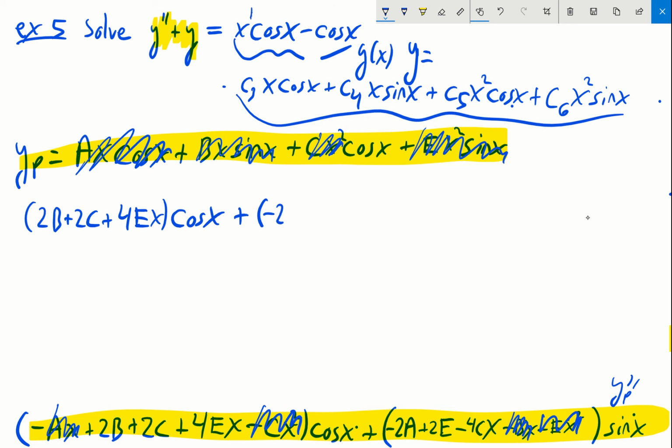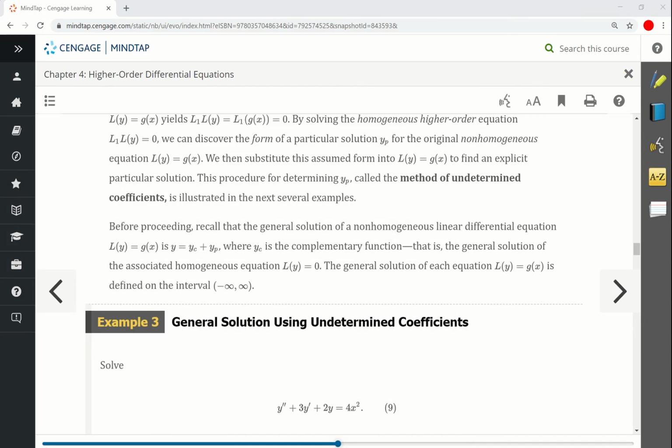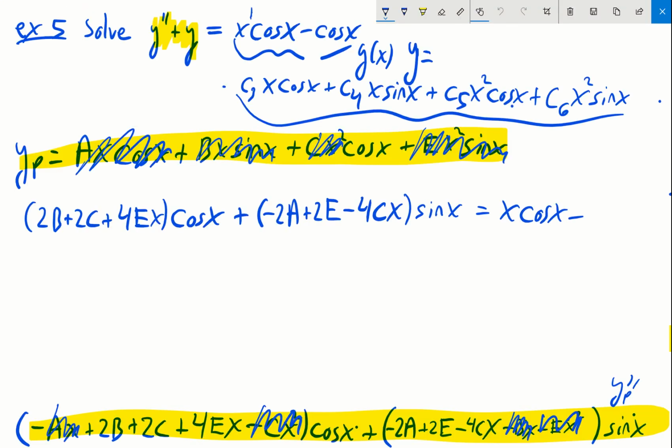So we have negative 2a plus 2e minus 4cx times the sine of x is equal to x cosine x minus cosine x, which is what the right hand side is equal to.